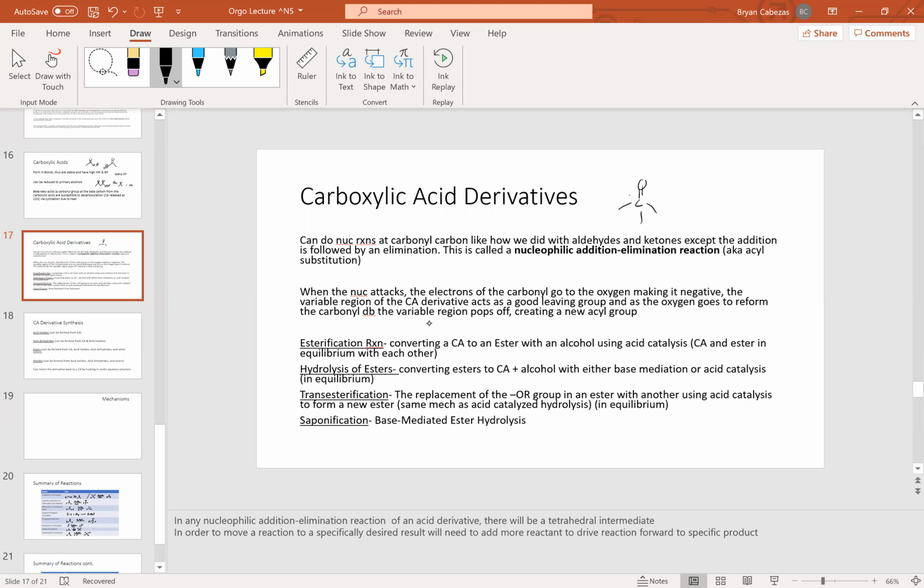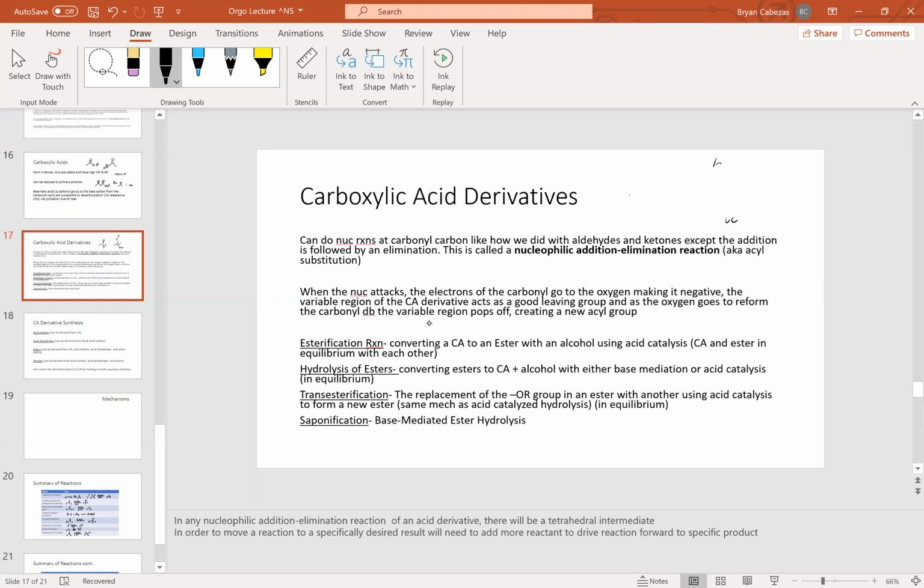Let's say we had this, and we had a nucleophilic attack. Well, basically, we just had an addition, where this OH went here, and then our nuke was here, and then our other group was here. When we're talking about carboxylic acid derivatives, what's going to happen is an addition and then an elimination reaction.